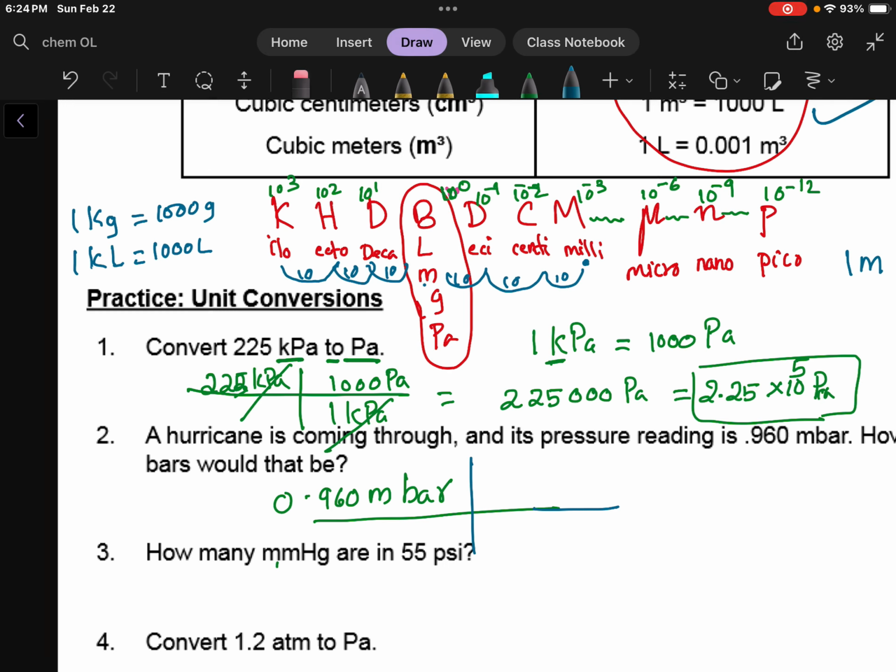So 1 bar is equal to 1000 millibar. That means you are dividing. You can write 960 times 10 to the power of negative 3, or convert that into scientific notation, 10 to the power of negative 4 bar.